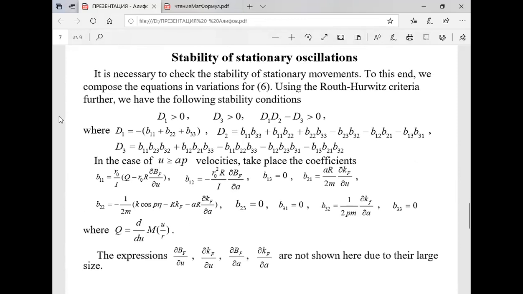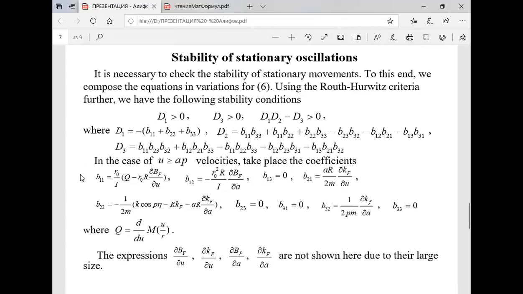D sub 1 is greater than 0, d3 greater than 0, d1 d2 minus d3 greater than 0, where d1 is equal to the next expression, d sub 2 is equal to this expression, and d sub 3 is equal to this expression.